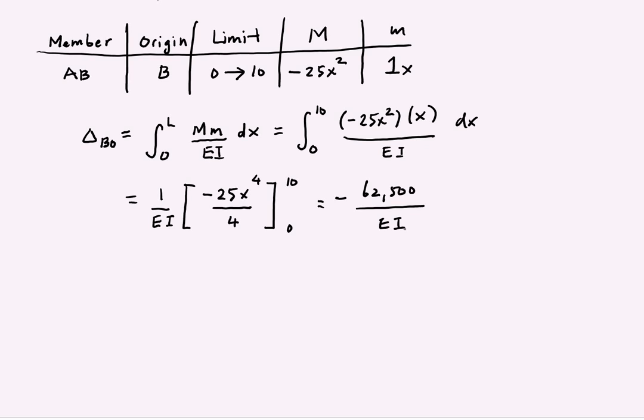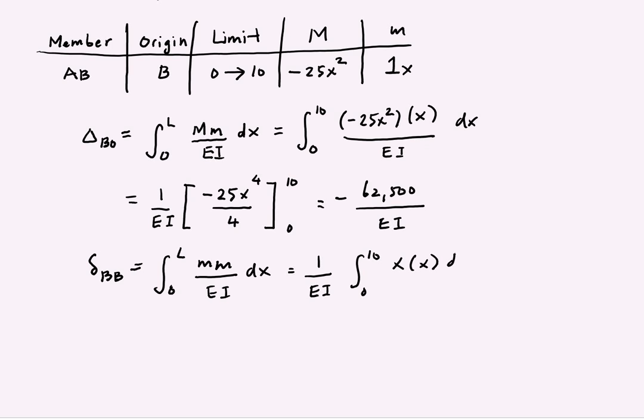Then the next is to find the small delta BB. Small delta BB is again the integration from 0 to L of small m multiplied by small m divided by EI dx. We can take 1 over EI out, and the limit will be from 0 to 10. Small m is x multiplied by another x dx.